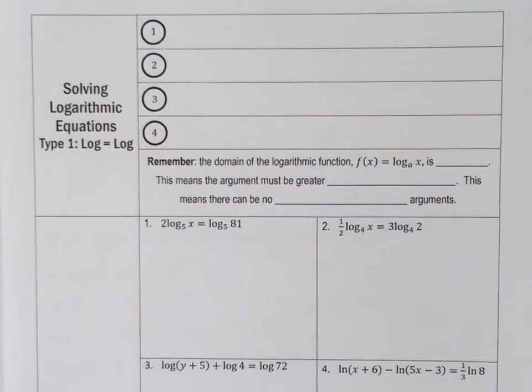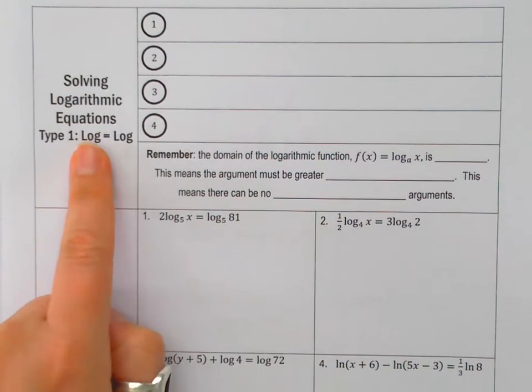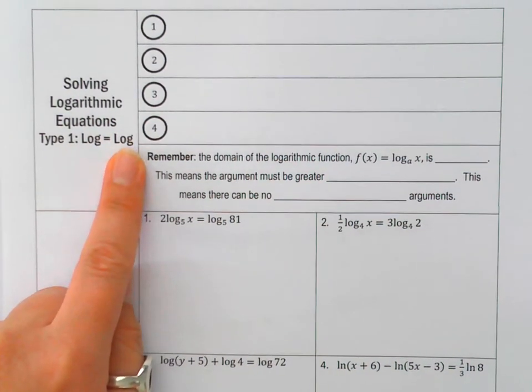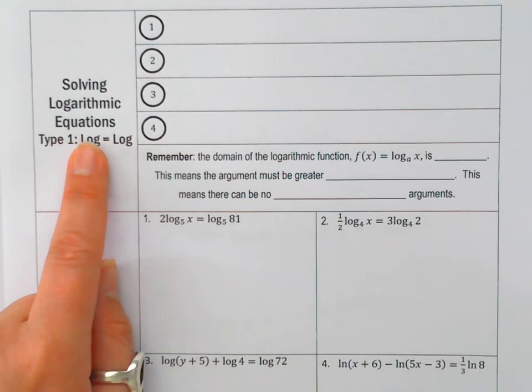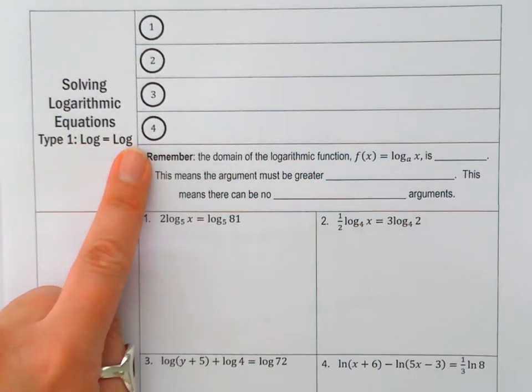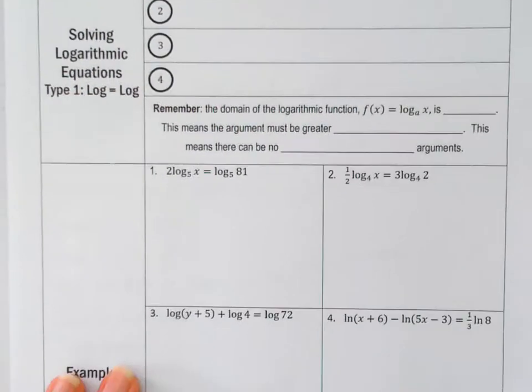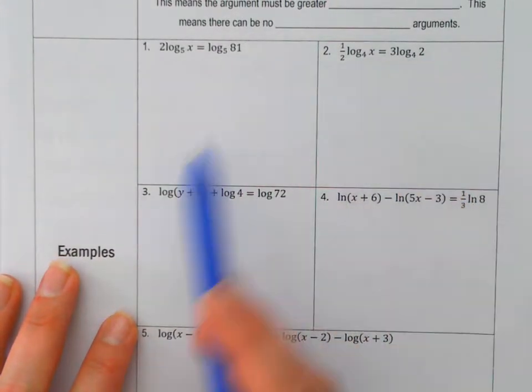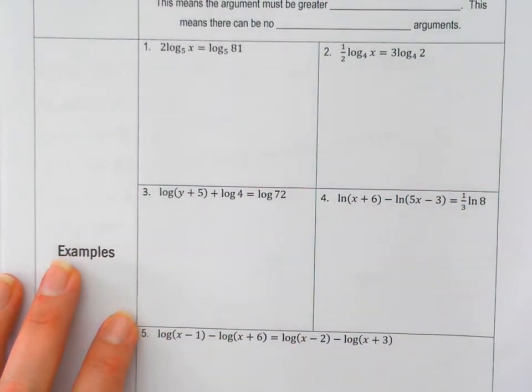We're basically going to be talking about solving logarithmic and exponential equations. Our first type is a logarithmic equation when you have a log on both sides of the equal sign. If you look below, all of our examples have logs on both sides of the equal sign.